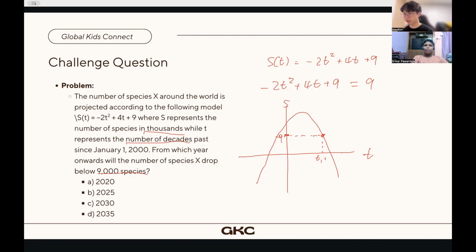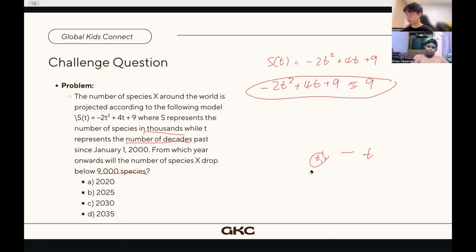What I'm trying to say is that the t value we get from this quadratic function when we set it equal to 9 will be t1, but for our final answer, we have to be very careful at the end. It has to be a value that is slightly greater than t1, and we'll check that slightly greater value using these values here. If we understood that, then we can move on and solve the quadratic function now.